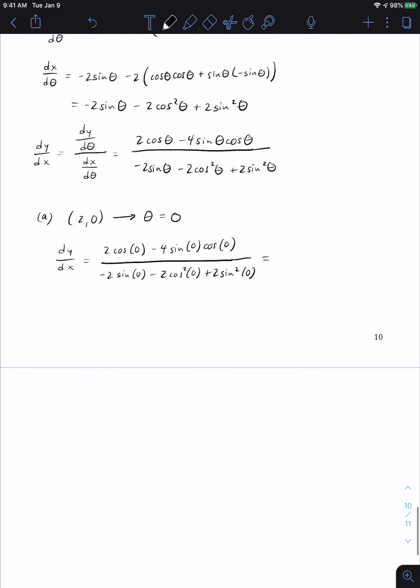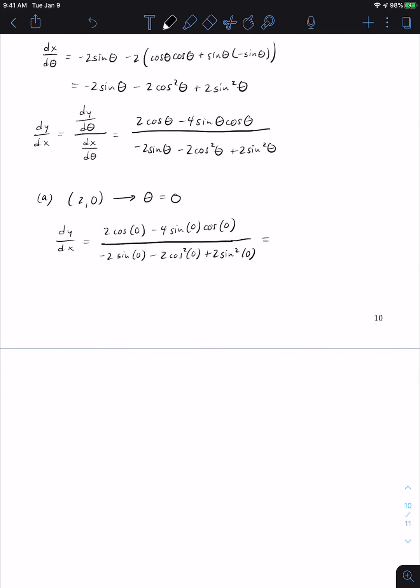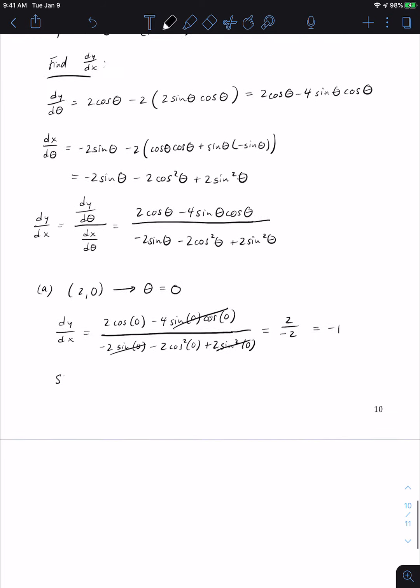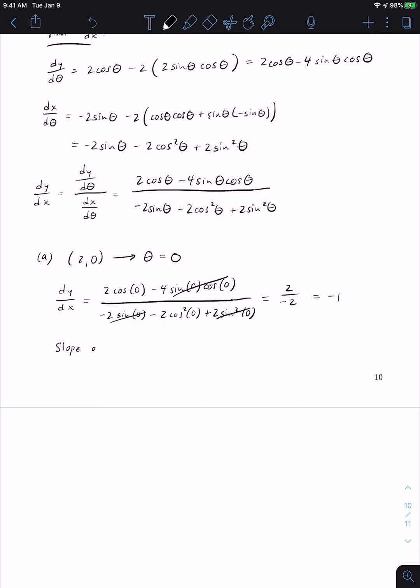Well, at 0, I know that sine is 0, so this one's going to go away, this one's going to go away, and this one's going to go away. Cosine at 0 is 1, so this would be 2 over top of minus 2. So this slope is going to be minus 1. The question asks, find the slope of the tangent line at the point (2, 0): m equals negative 1.